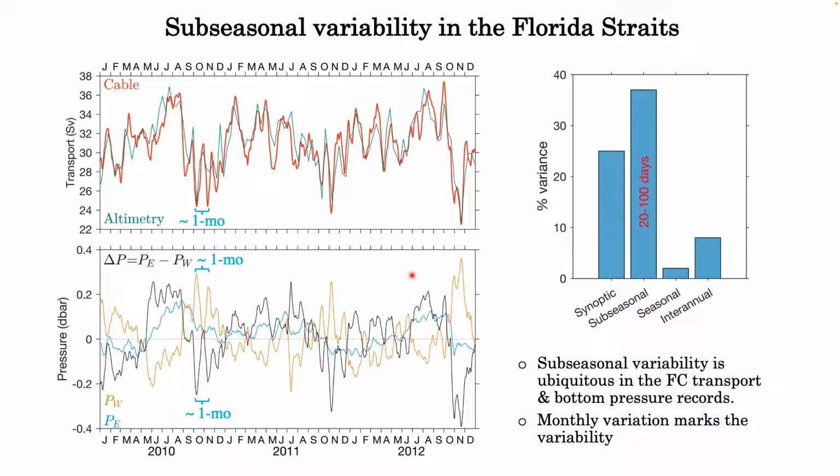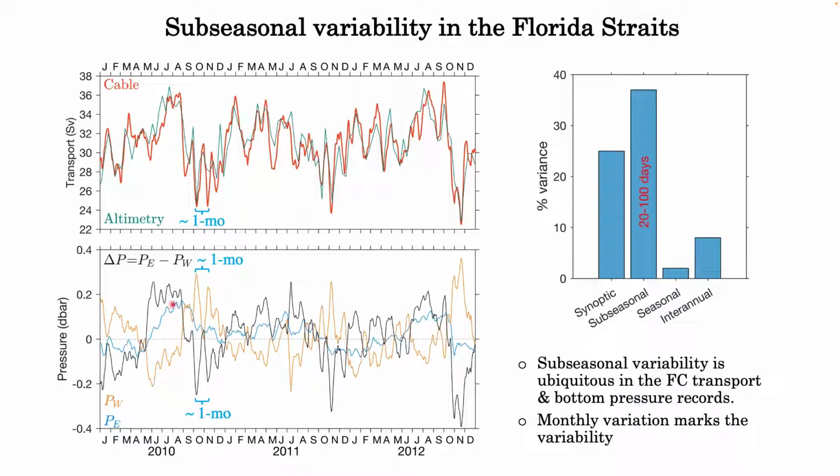So let's first take a look at the transport estimates and bottom pressure records, a subset of the data from 2010 to 2012. The upper panels show the transport estimates from cable, the red one, and the green one is from the altimetry.